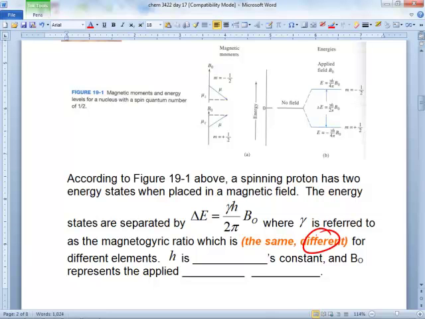Okay, H is whose constant, everybody? Planck's constant. B naught represents something. There's a hint. You can see it in the diagram. It defines it. B naught represents the applied what type of field?